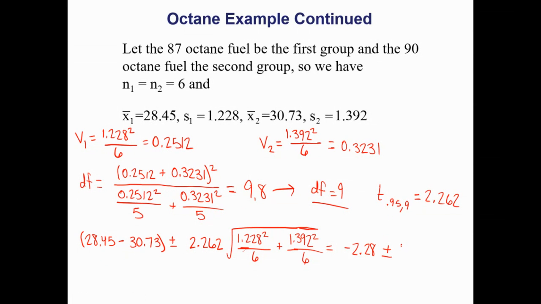Well, you should get 1.71 for that one. Okay, so that means our interval is negative 3.99 to negative 0.57.